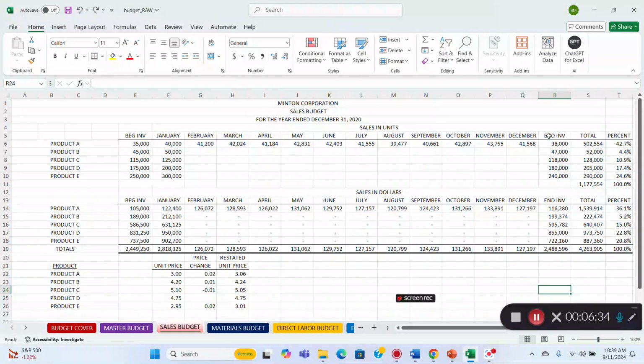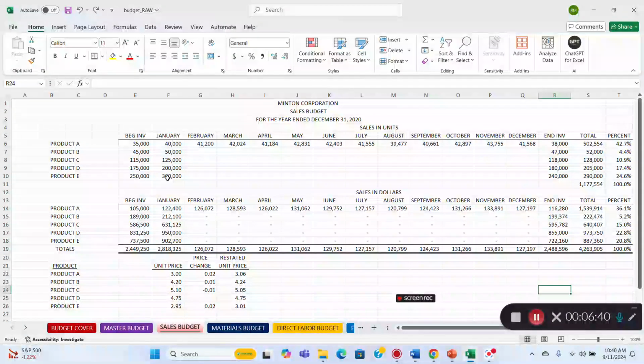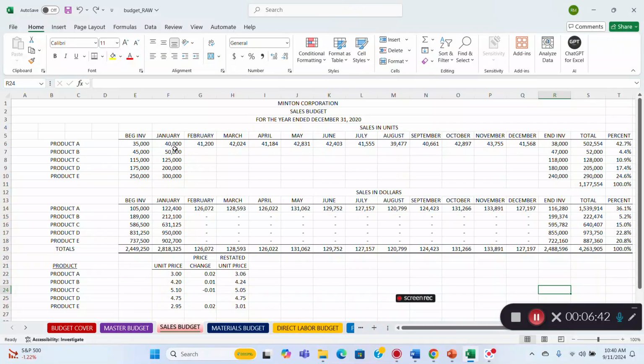In other words, I'm anticipating that I'm going to produce this many units in the month of January, less this group here, because I've already got this. This is already in-house. So I don't need to produce 40,000. I only need to produce 5,000 if I don't want to build any inventory.